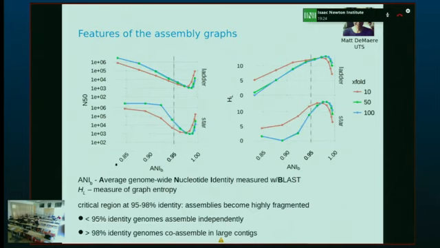But as that nucleotide identity goes up, the size of the contigs deteriorates down to a critical point around 98% identity, when the contiguity actually starts to go back up again. And that, of course, is because the strains are now so similar, about 98% identity, that the assemblers are just squishing and co-assembling all of the contigs together. Surely different assemblers do different things. The only one that we looked at was IDBA.